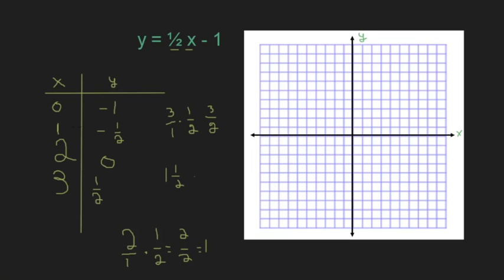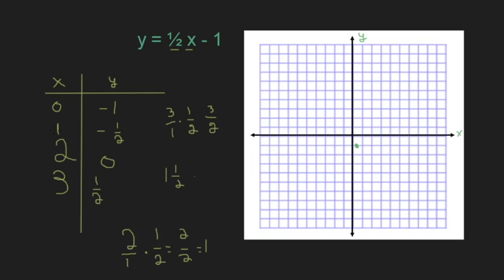Now we put in this information. X is 0, y would be negative 1. Which direction is negative, up or down? It's down, so we go down 1 and make a little mark here.